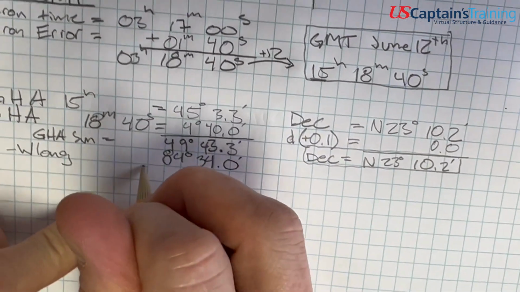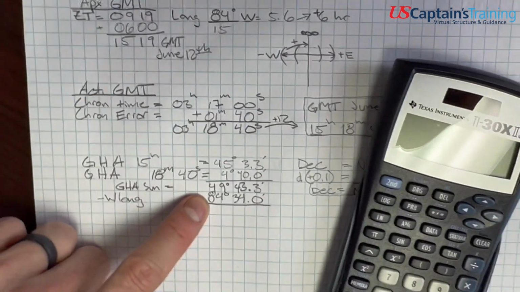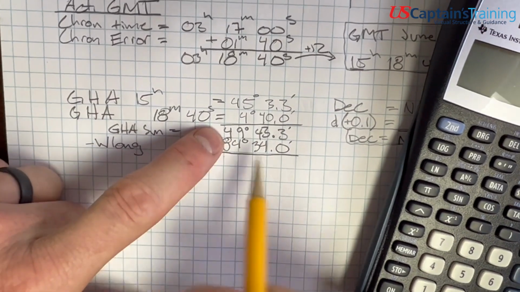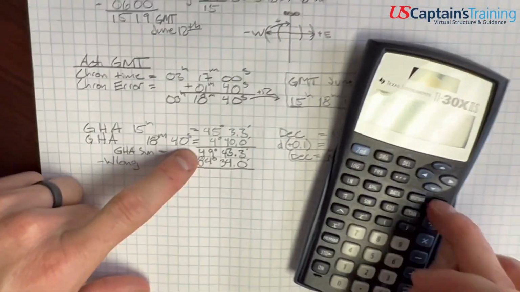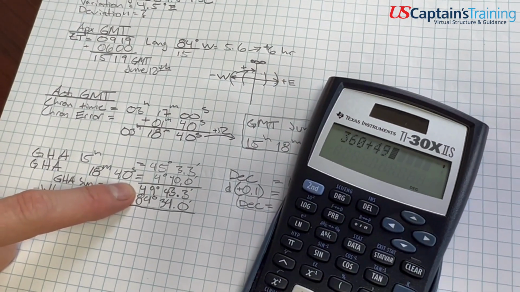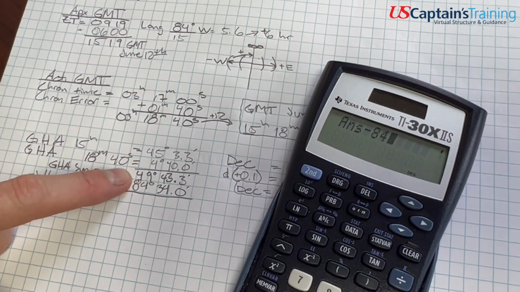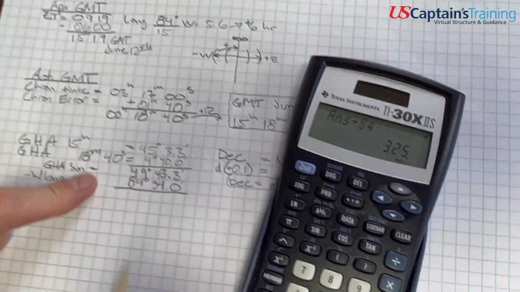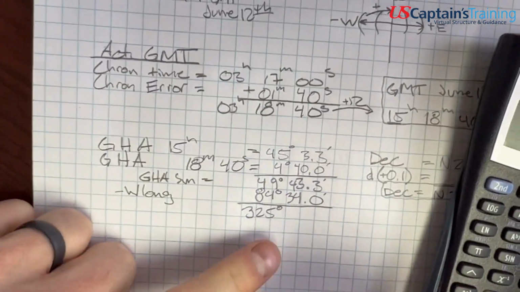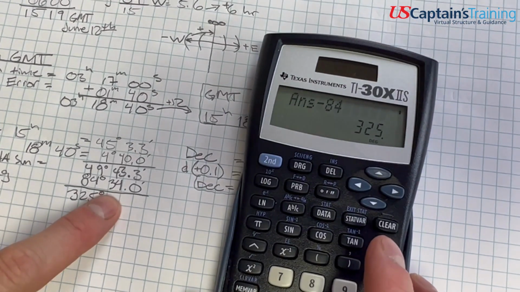Okay, and you can see we can't take 84 out of 49. So what we do is, it's a compass, so we just add 360. So 360 plus 49 minus 84 equals 325 degrees. And then, good, we can take 34 out of there.